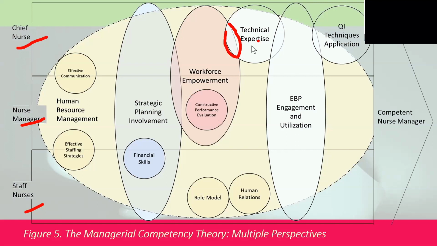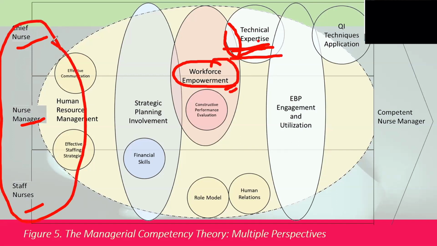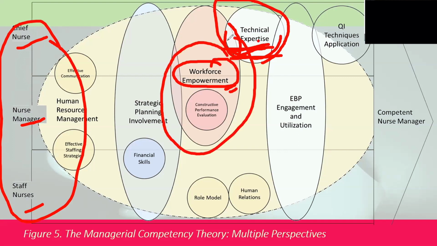For example, for workforce empowerment, a head nurse cannot only empower the workforce but not know how to use a computer or make a schedule. So all three, the chief nurse, nurse manager, and staff nurse, agree that there needs to be technical expertise for them to have workforce empowerment, for them to empower their staff nurses.